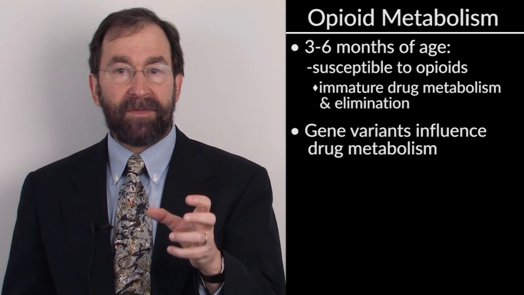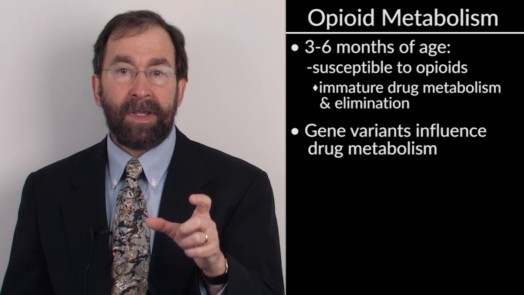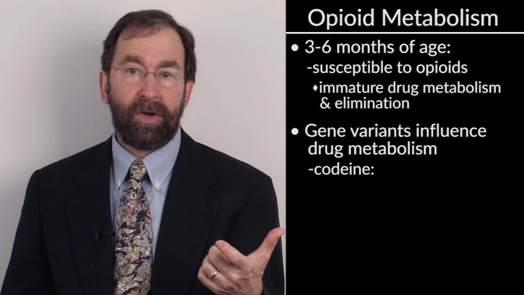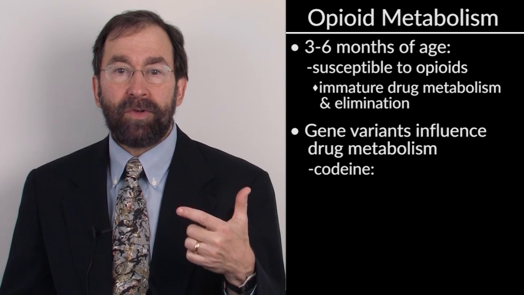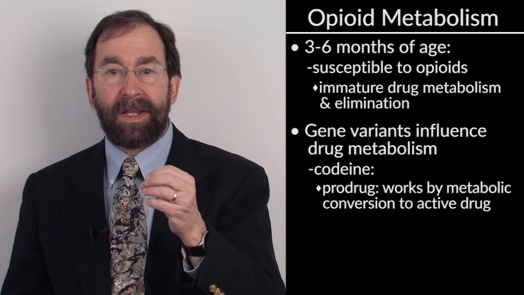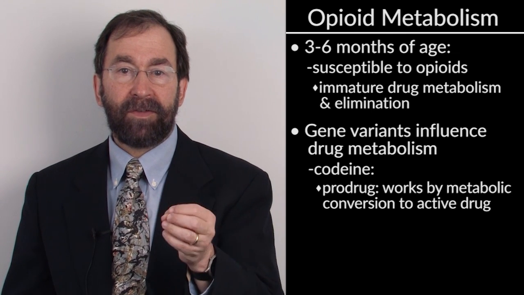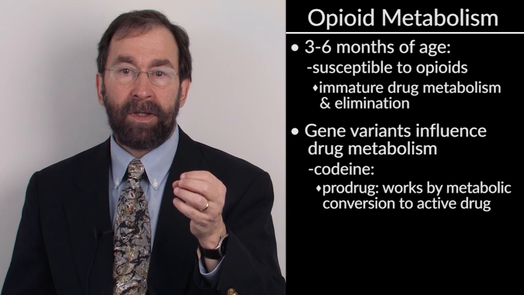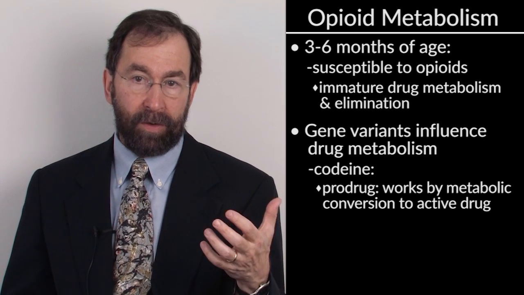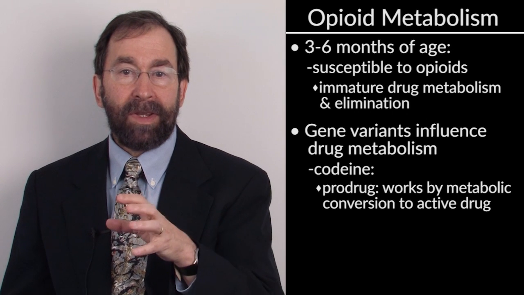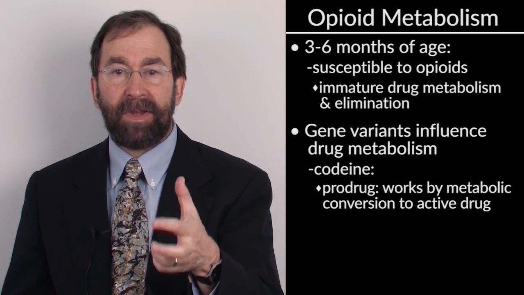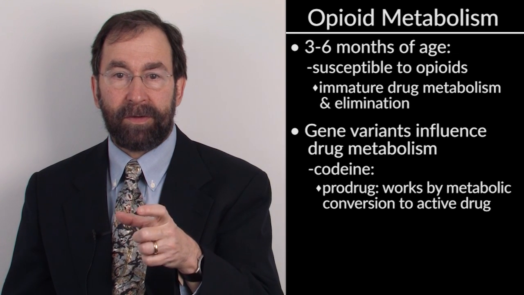A number of gene variants influence drug metabolism, and these variants can be particularly important for opioids such as codeine. Codeine is an unusual opioid in that it is really a prodrug. This means that it only works by metabolic conversion to morphine as the active drug. Codeine without metabolic conversion is largely inert. Overall, codeine is a weak analgesic, and it's often even more ineffective in patients with some common metabolic patterns.